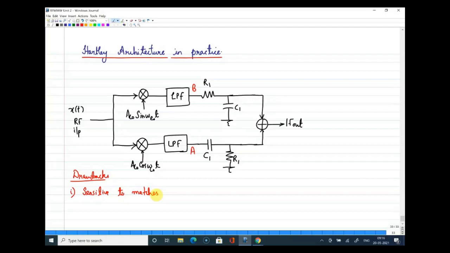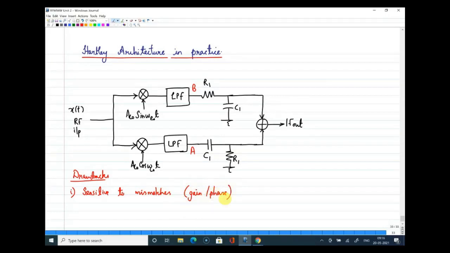Since we are talking about image cancellation, if there is a change in gain or phase in any one arm, that will result in imperfect cancellation. So the very first drawback is sensitivity to mismatches, either gain mismatch or phase mismatch.